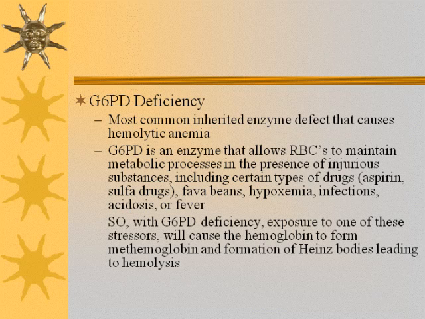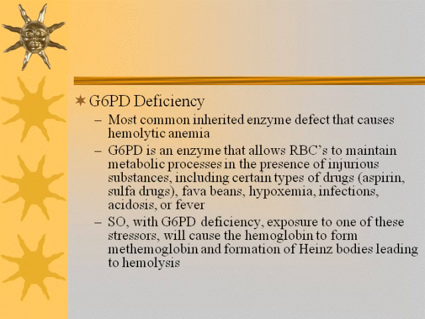G6PD is an enzyme that keeps your red blood cells working properly during problematic times, when you take certain drugs like aspirin or drugs that have the potential to cause problems.